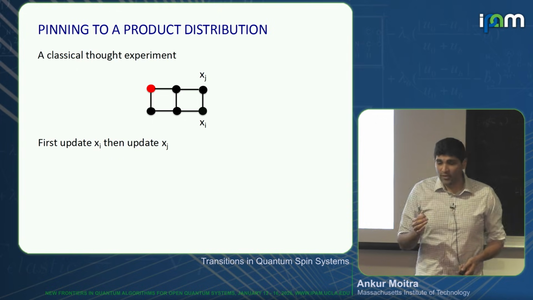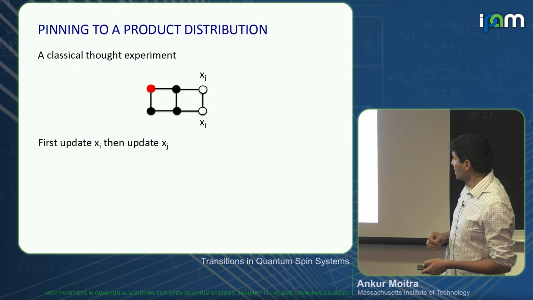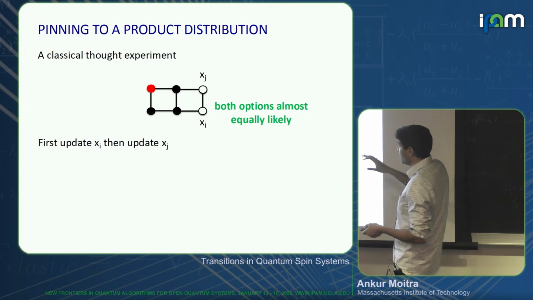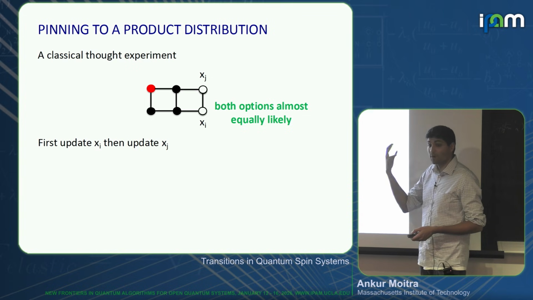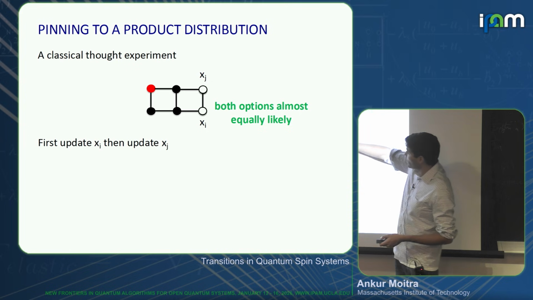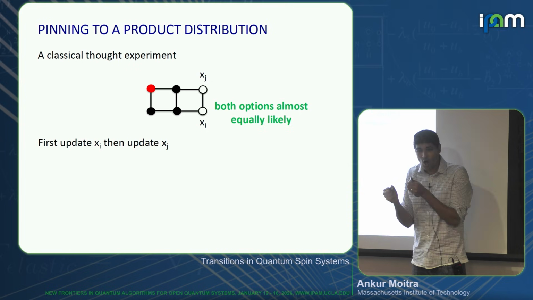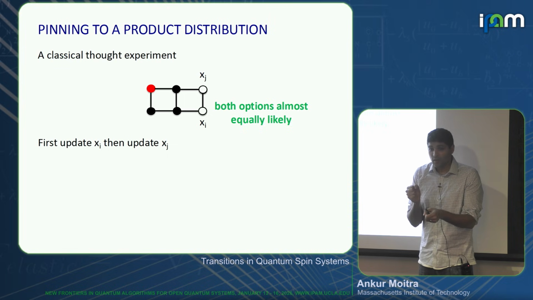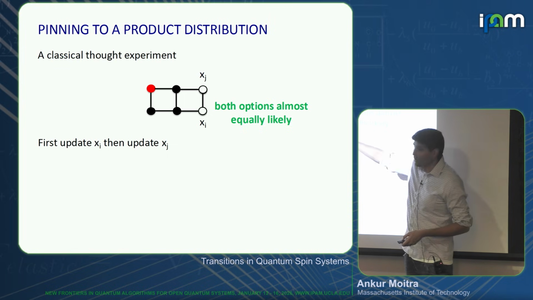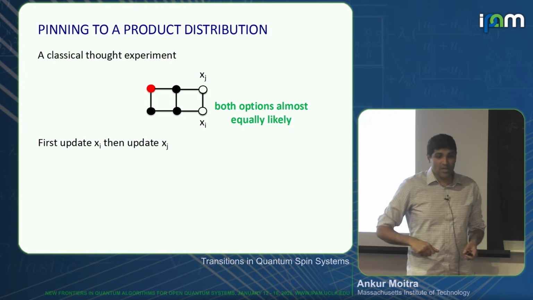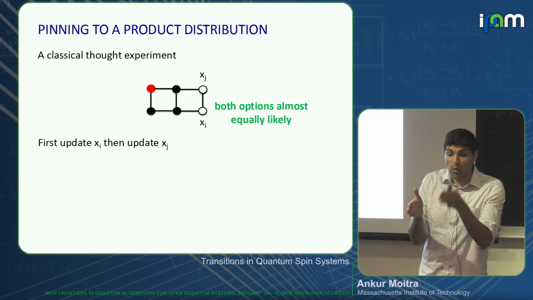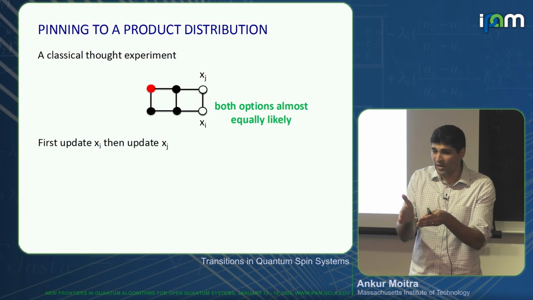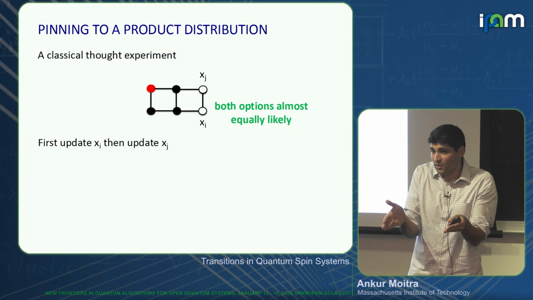Now, if we think about it in the high temperature case, the point I want to make is that if you're really in high temperature, not 2 to the n temperature, but some constant, then you should really think about this spin as being almost equally likely to be red or black. Maybe the marginal probability that I fill it in one way versus the other is somewhere in the range 0.49 to 0.51. So it's somewhat close to a coin flip, but it's not exactly 50-50.